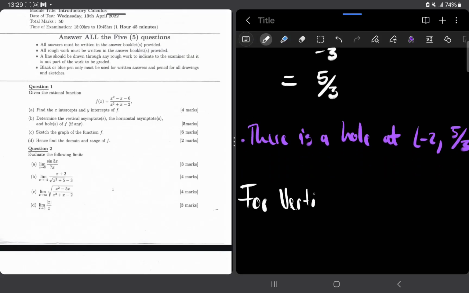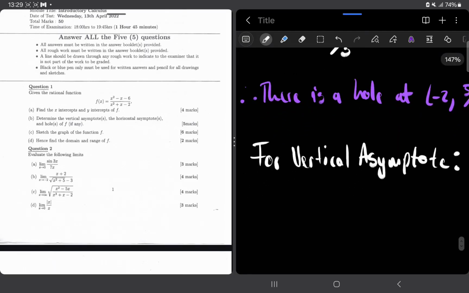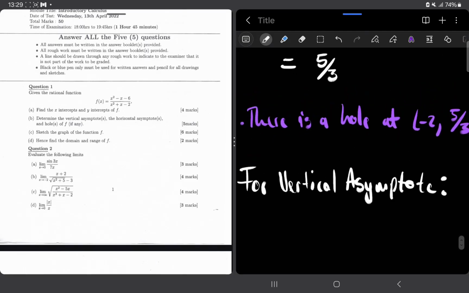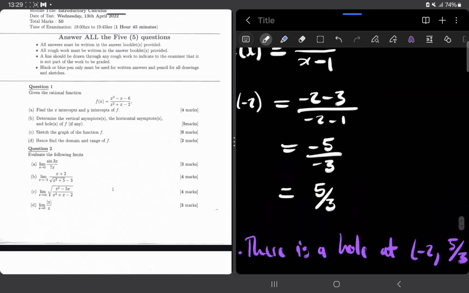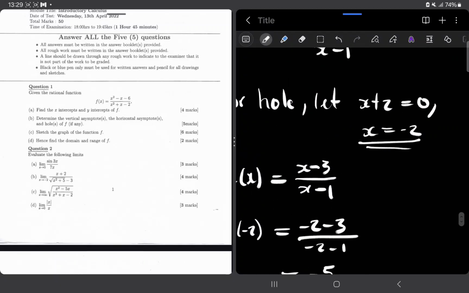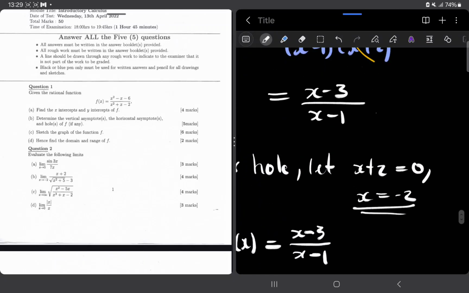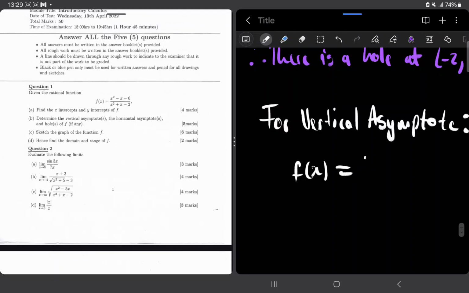So now, for the vertical asymptote, you skip some lines to make it neat. You communicate. You're now telling them you're doing the workings for the vertical asymptote. You go back and report f of x is equal to the version that has gone through the factorization and cancelling, x minus 3 over x minus 1.